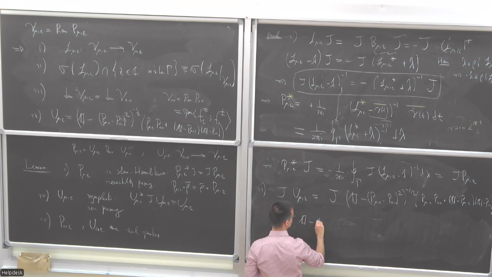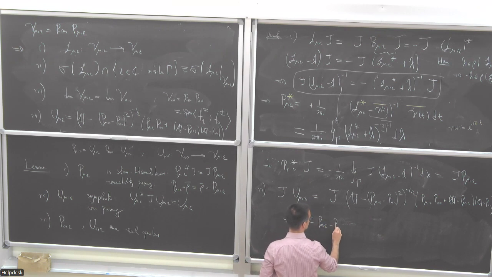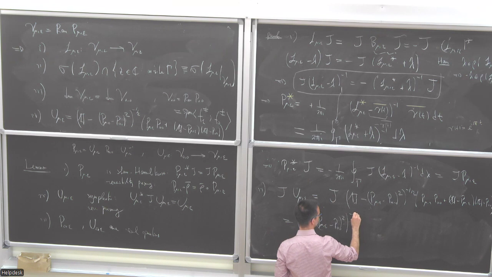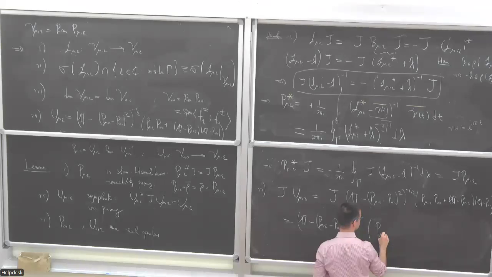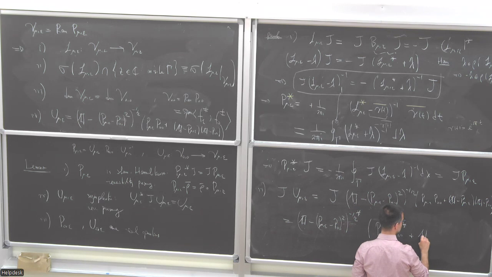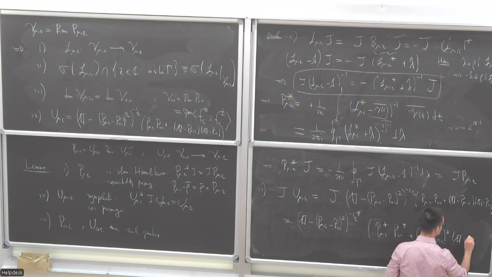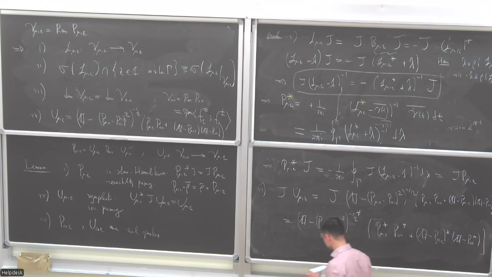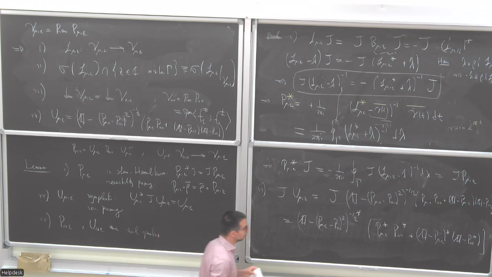So this becomes identity minus P mu epsilon minus P 0 0 squared minus 1 alpha, adjoint applied to P mu epsilon adjoint P 0 0 adjoint plus identity minus P mu epsilon adjoint identity minus P 0 0 adjoint, J, right?